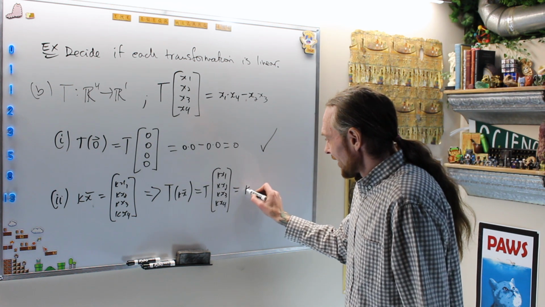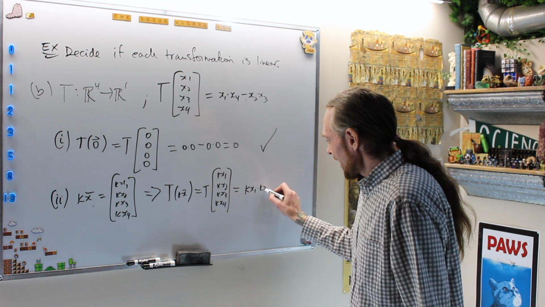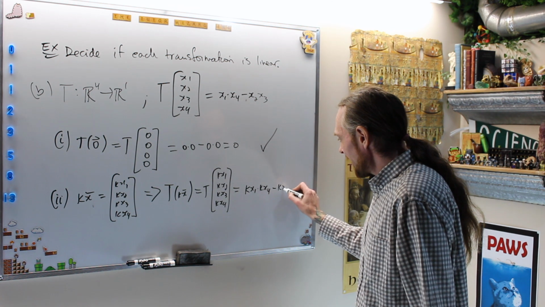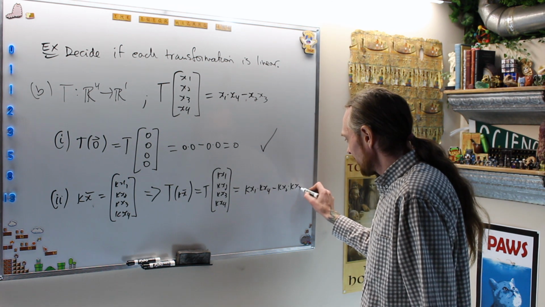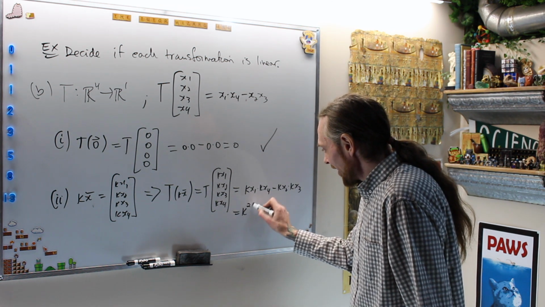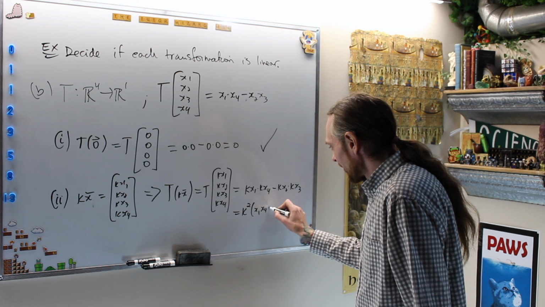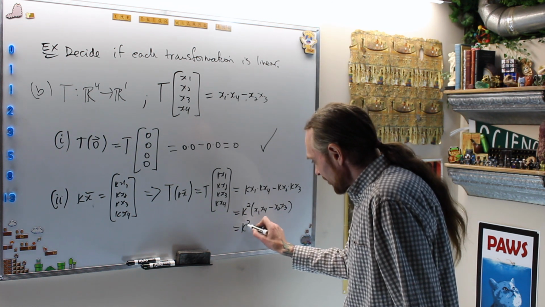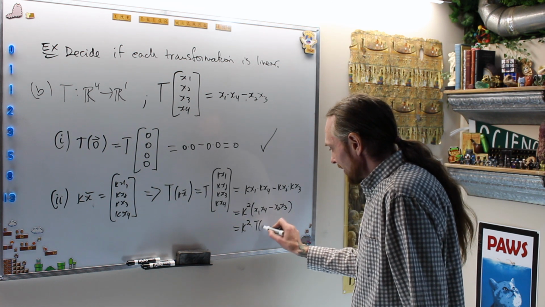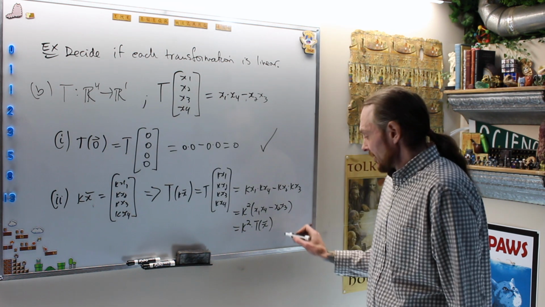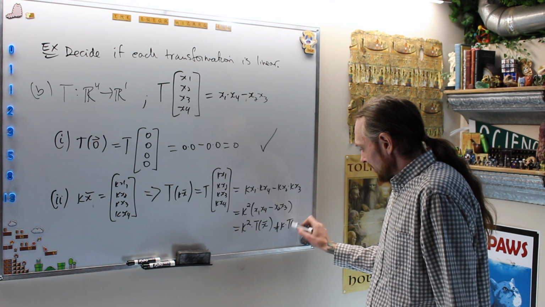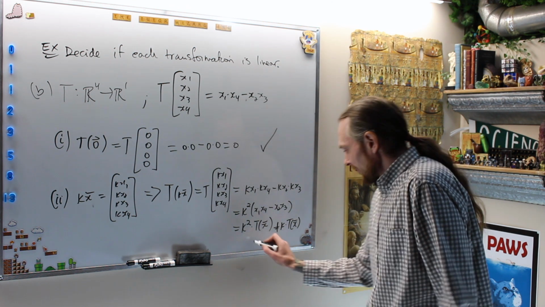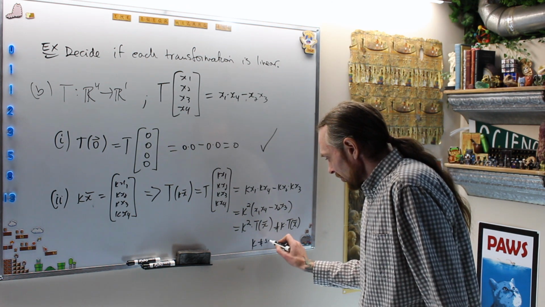What am I gonna get? kx1 times kx4 minus kx2 times kx3, which is k squared times x1x4 minus x2x3, which is k squared times T of x, which does not equal k times T of x if k does not equal plus or minus 1.